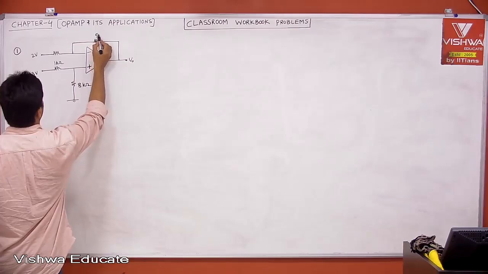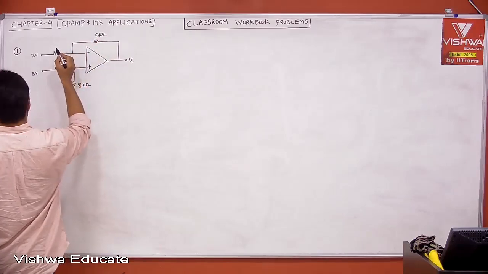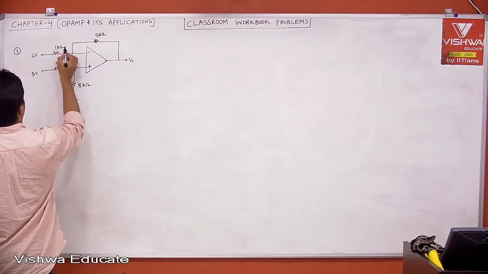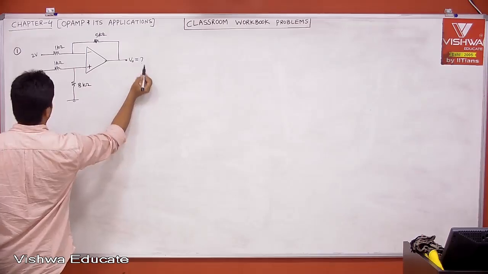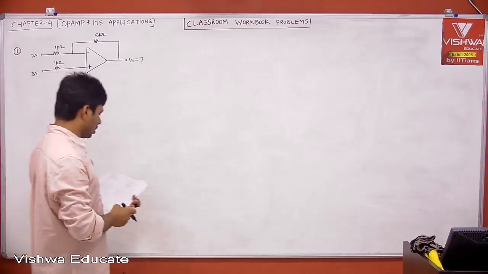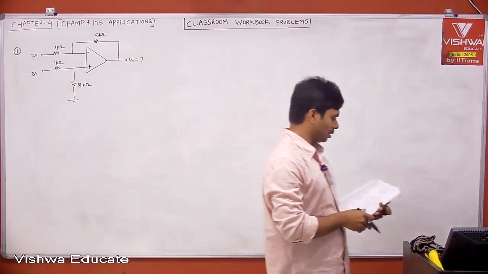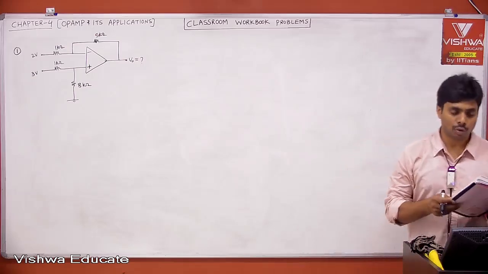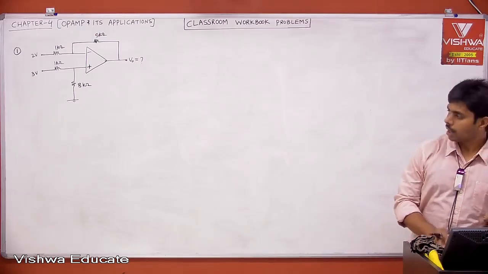This is 5 kilo ohm. 1k, 1k. Okay. Asking for V0. Option A 1 volt, option B 6 volt, option C 14 volt, option D 17 volt. Okay. You solve. I'll give you 10 seconds.